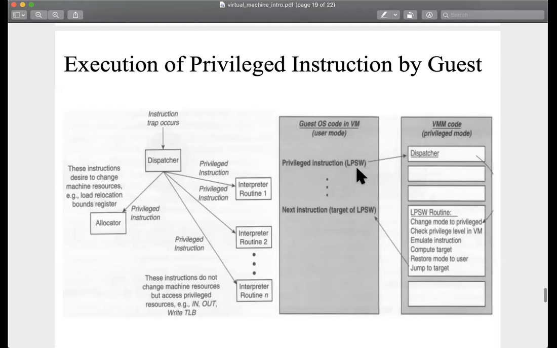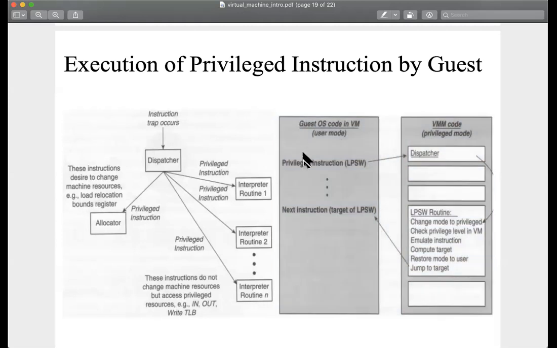So a load program status word basically says load a new state into the program status word register. This is typically the way you would change the privilege level of a CPU, like ring 0, ring 1, ring 2, and 3 that we discussed earlier for x86 processors. On x86 processors that's called the EFLAGS register, but the generic name for that is program status word.